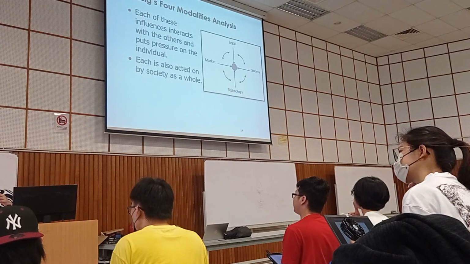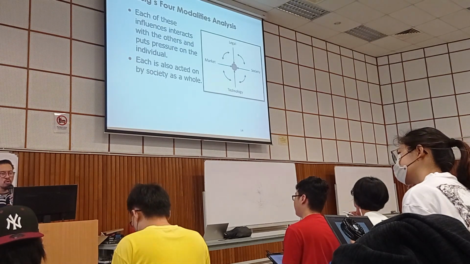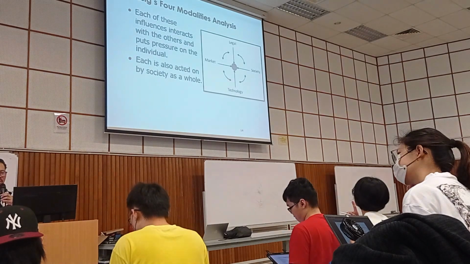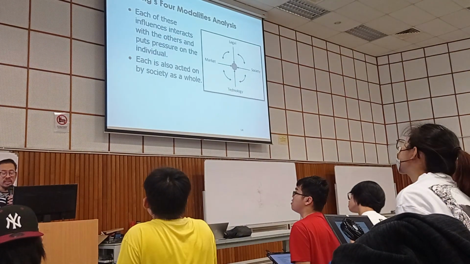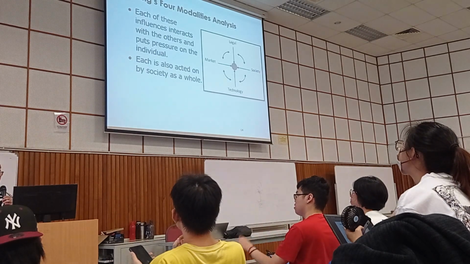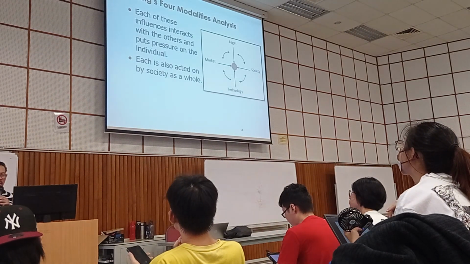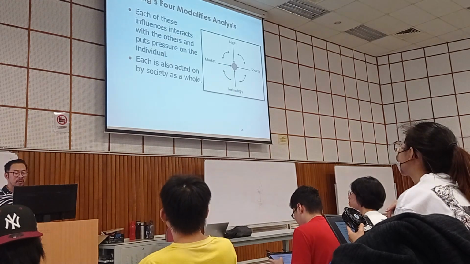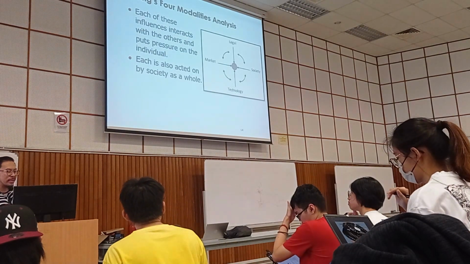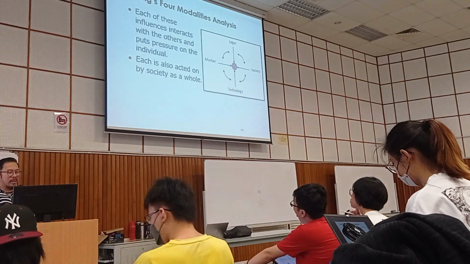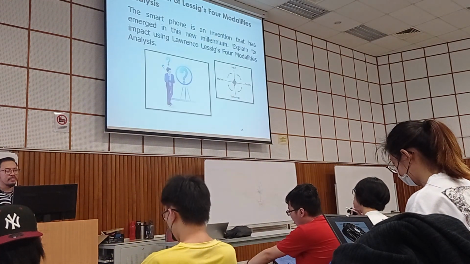Legal affects society, affecting how you put the legislation. Of course, society and technology influence each other, and the market, everything. But at the end of the day, the pressure is on the individual, who will be surrounded by all these four components. Each is also acted on by society as a whole.